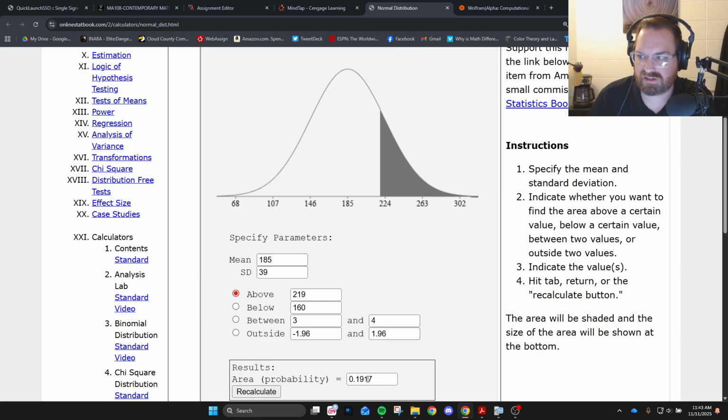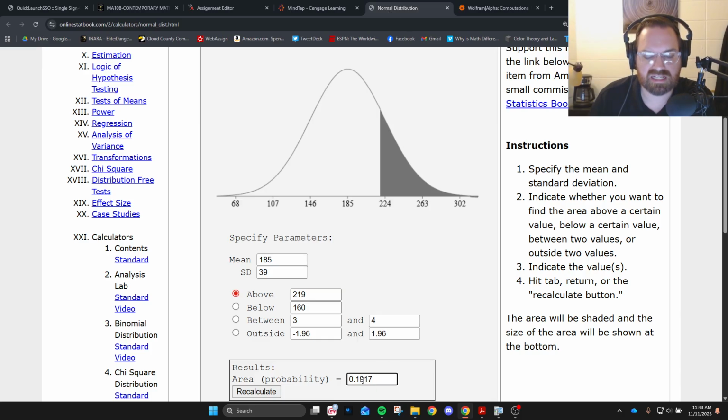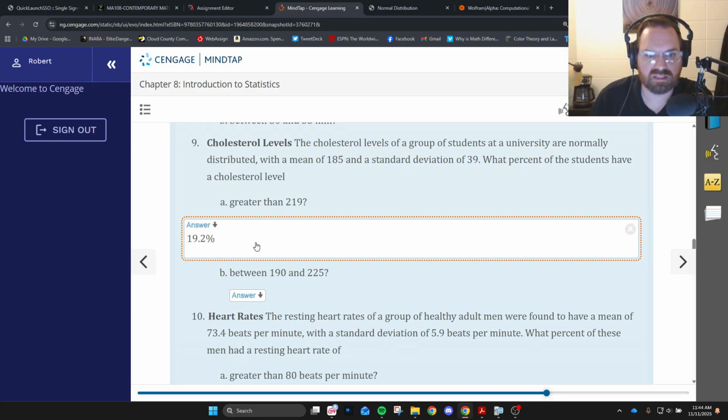Listed right down below, we've got 0.1917. So since we're looking for a percentage greater than 219, this would be 19.17%, or 19.2 in this instance.